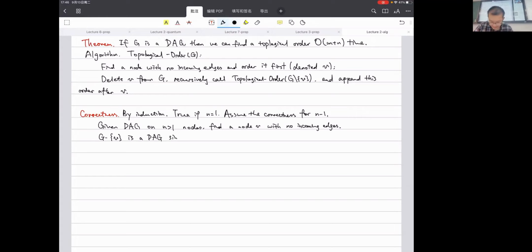It's just deleting a vertex, which does not create new cycles. This is something we are pretty sure about: deletion does not create a new cycle. After we delete that, the good thing about induction is that we can use it to promise that G minus v has a topological order.